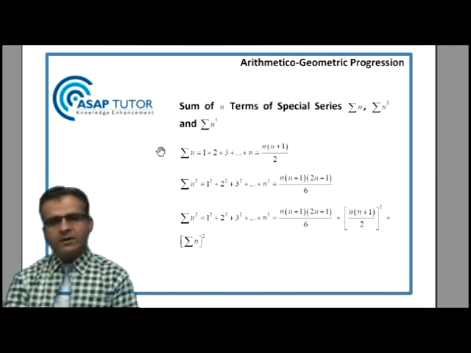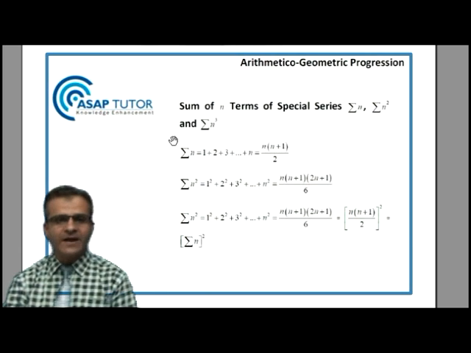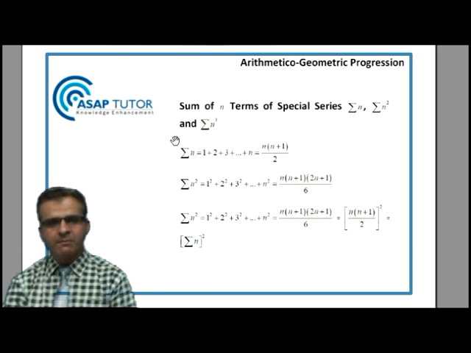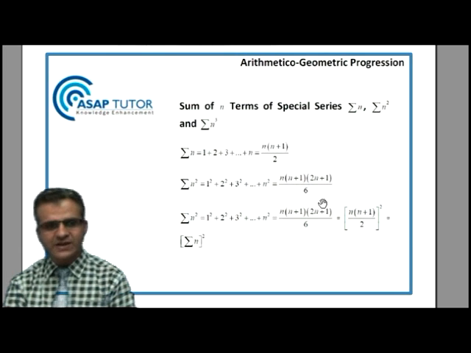There are certain formulae that we should remember whenever we solve arithmetico-geometric progressions. These are the summation of n, n square, and n cube. Summation of n, that is 1 plus 2 plus 3 and so on up to n, is equal to n into n plus 1 by 2. Summation of n square is n into n plus 1 into 2n plus 1 by 6.